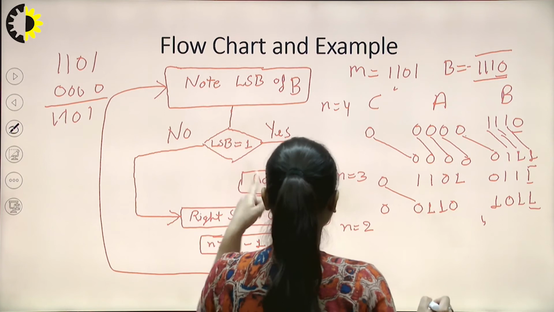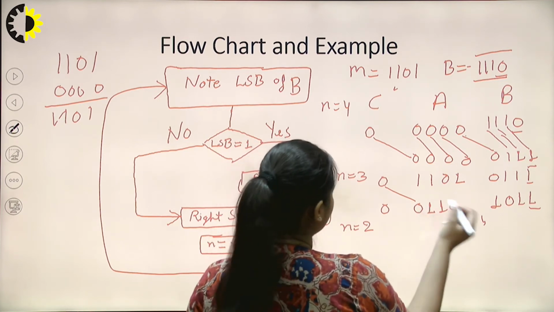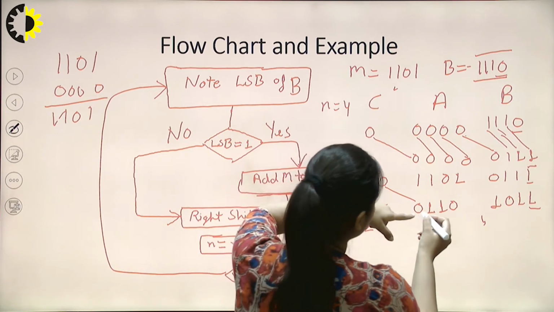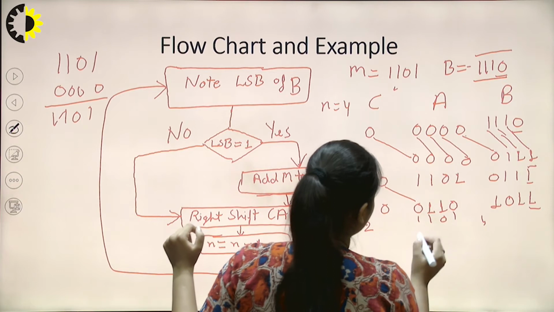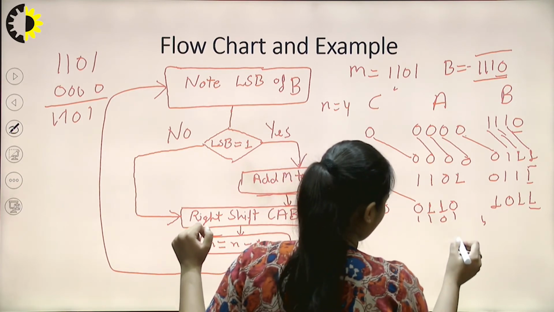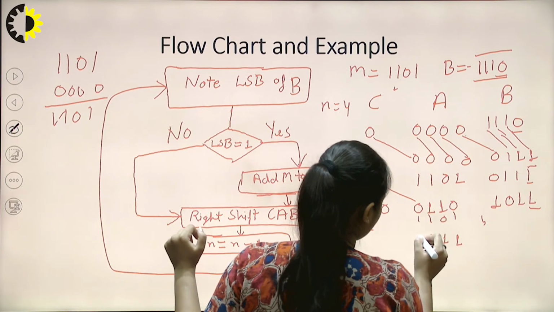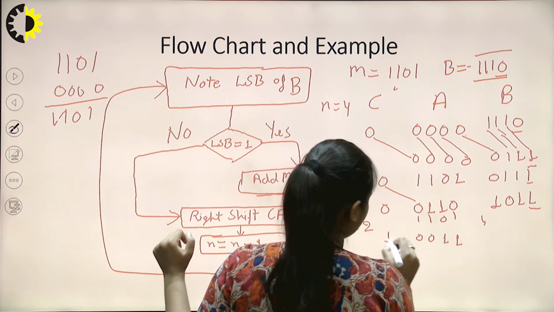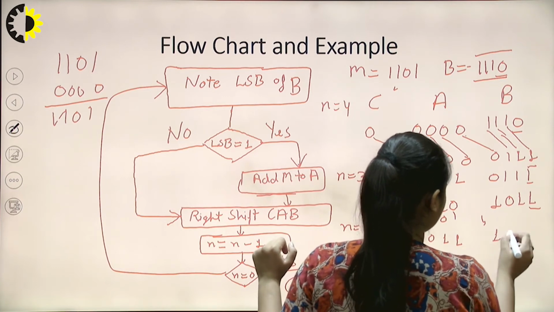So we will again add M to A, means the value of M would be added to A. Currently A is having 0110 and M is having 1101. So the updated value would be 0011 with carry 1. Again we will have the same answer as 1011.